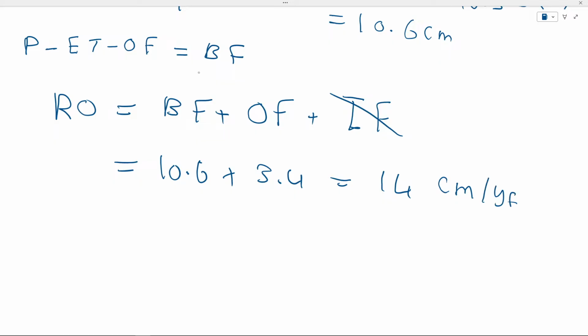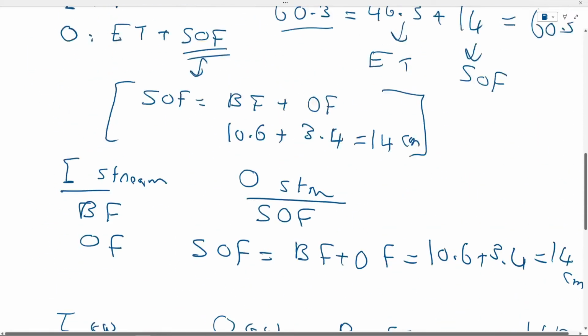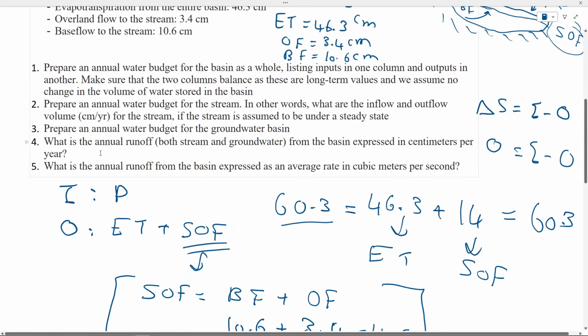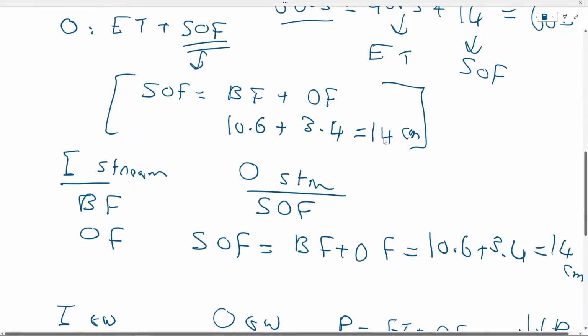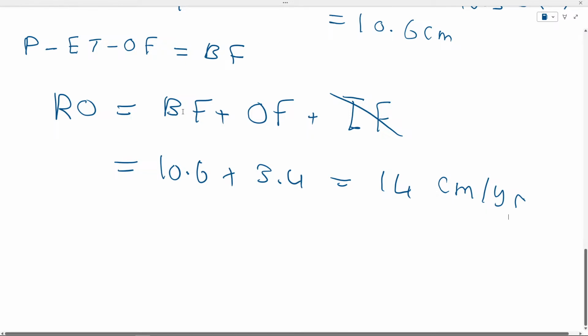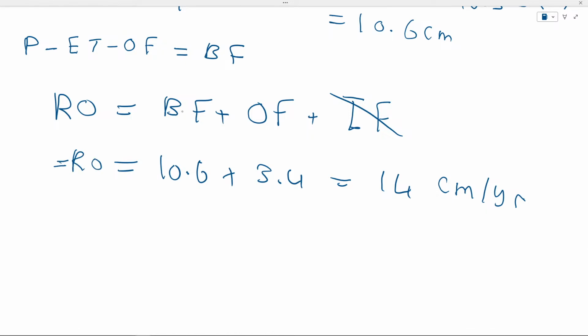This is exactly 14 centimeter per year, and this would be the annual runoff that we calculated before. You can call this stream outflow, runoff, or total runoff.